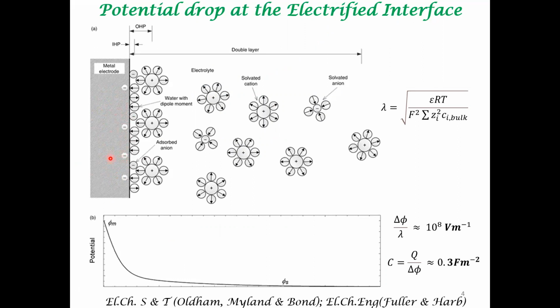In response to variation in the charge present in the electrode, there can be variation in the structure of the electrolyte, the structure of the interface that is present here.